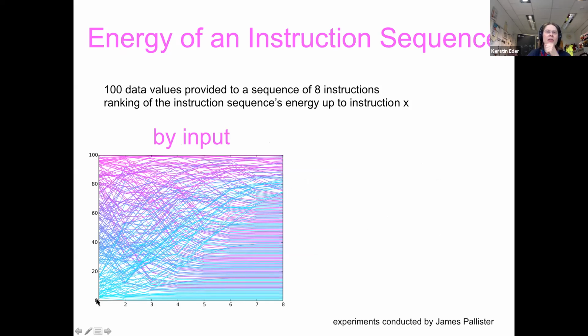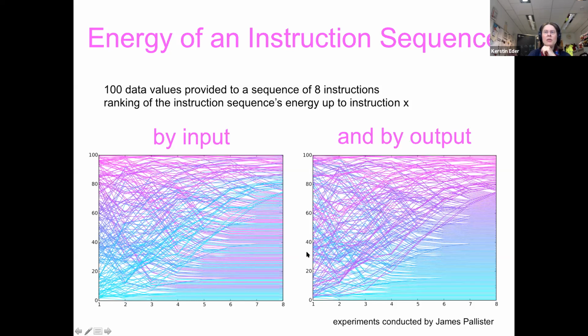If I look at this and then look at the end result after 8 instructions, what I can see is that some of the data that initially caused quite high energy consumption actually ends up quite low at the end. Likewise, data that initially causes low energy consumption sometimes goes quite high. That clearly shows that knowing what you have after one instruction means nothing in terms of the next instructions. It actually looks quite chaotic.